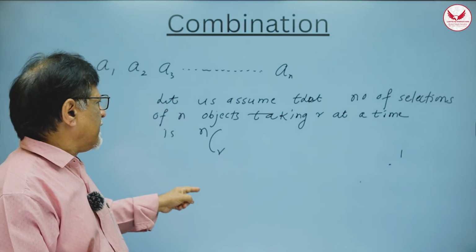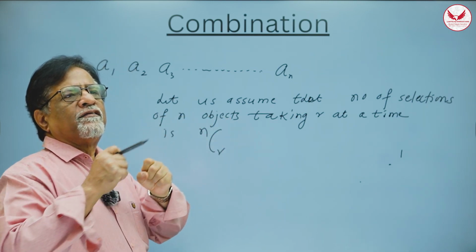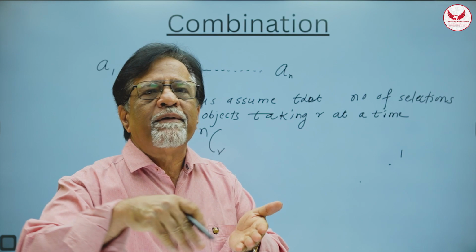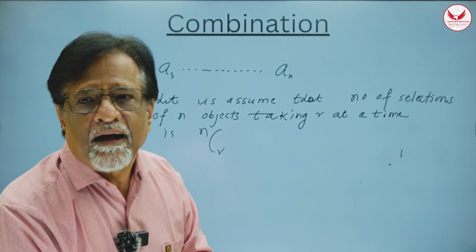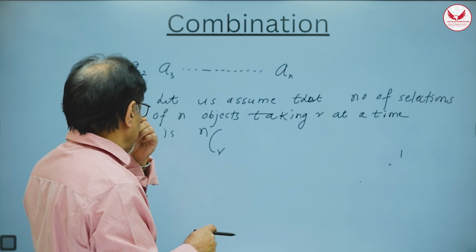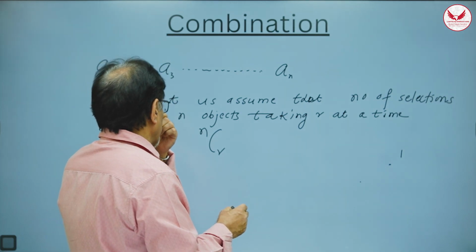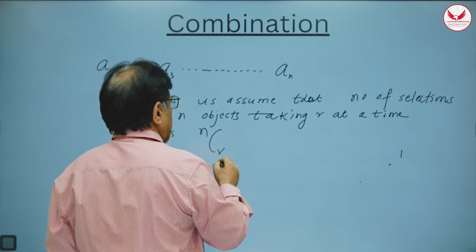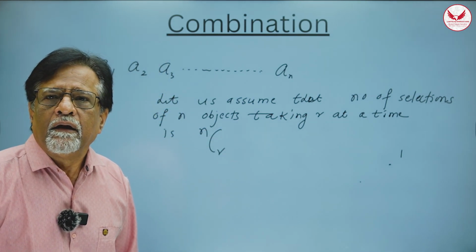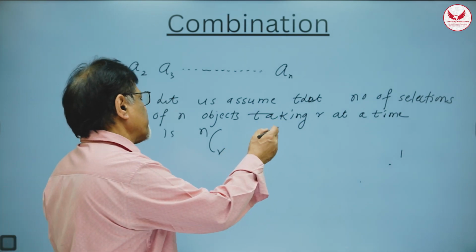But I know one thing, that now I have got nCr selections. I have selected r objects. Now these r objects can be arranged in how many ways? r factorial ways, right? Therefore, every one of these nCr selections will give me r factorial permutations.